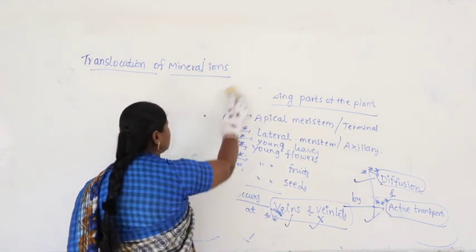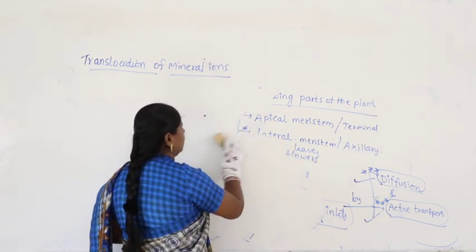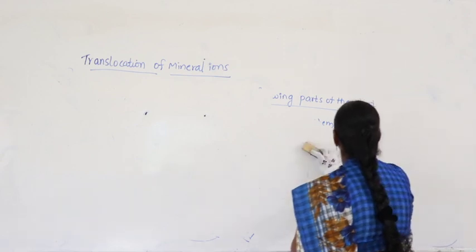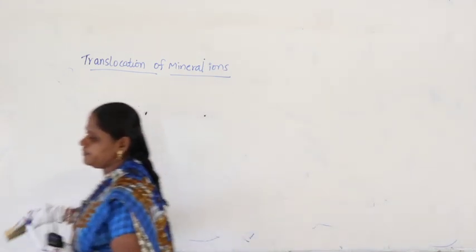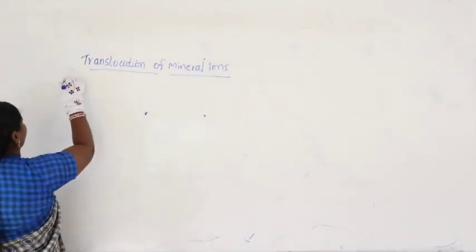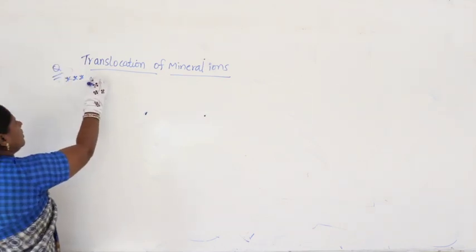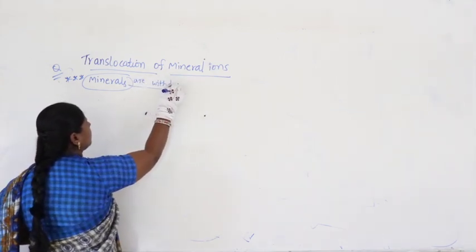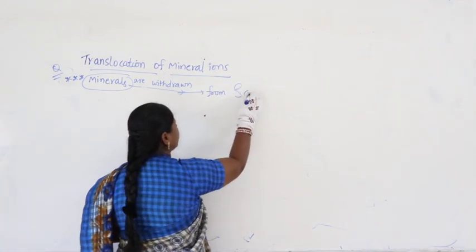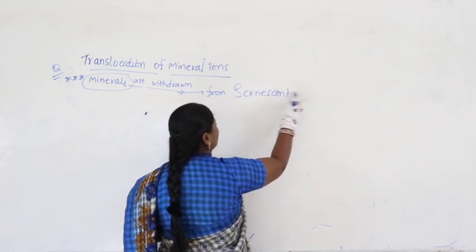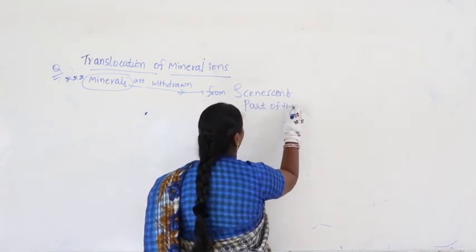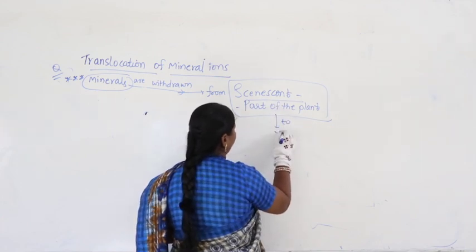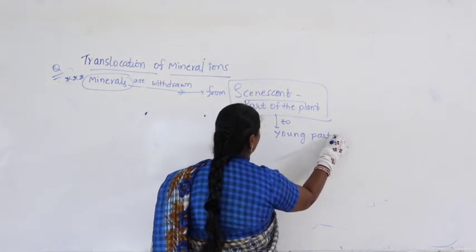In translocation of mineral ions, the next important statement is, again this is also a question getting one: minerals are withdrawn from senescent part of the plant to young parts of the plant.